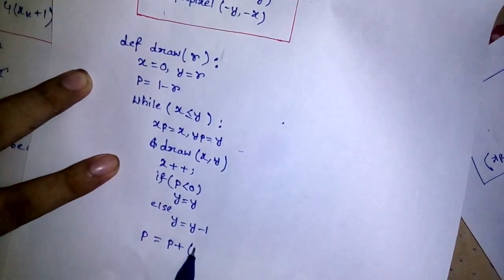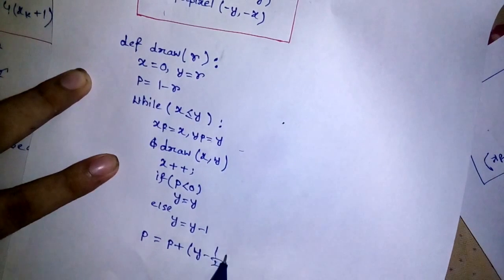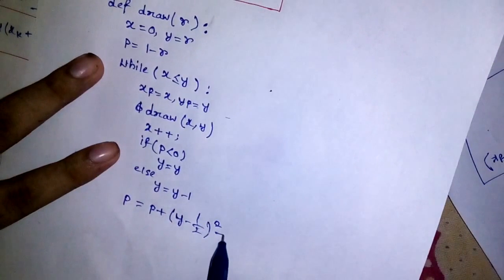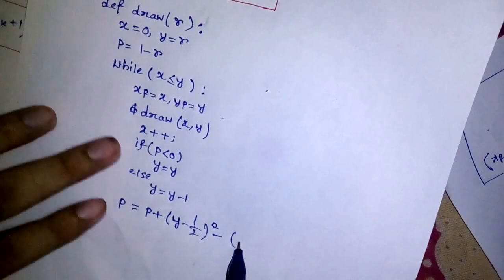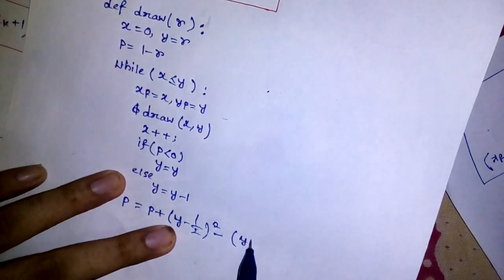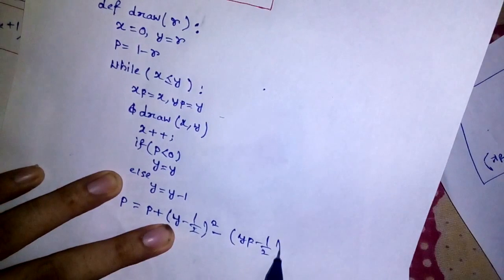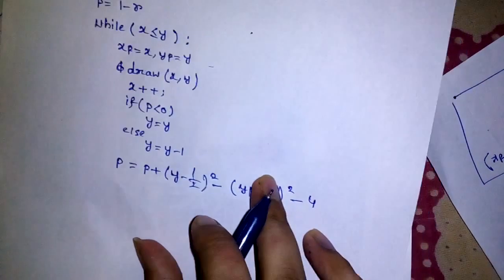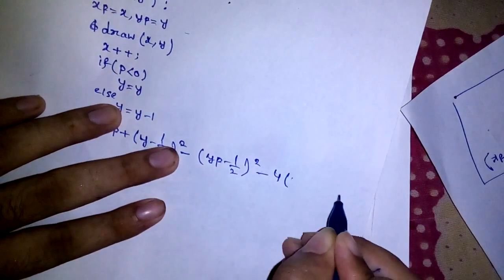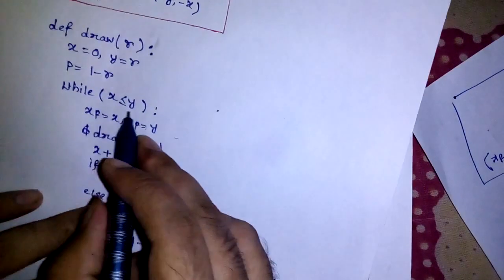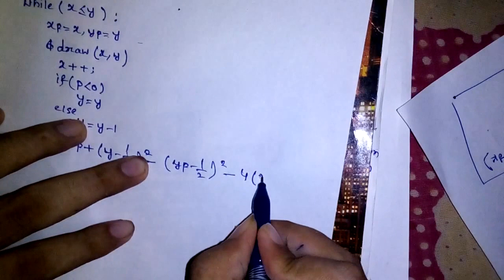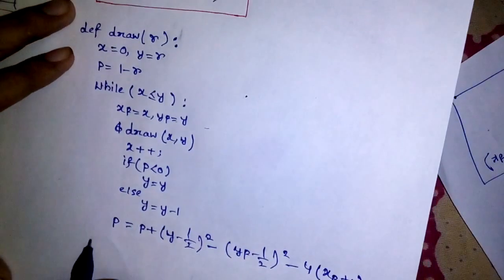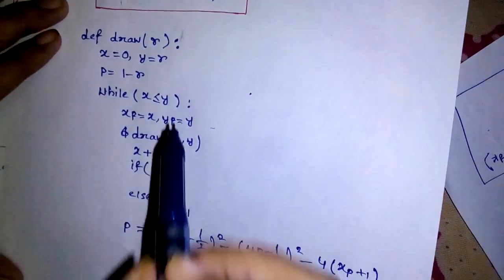Yk plus 1 is y here, and this will be minus half squared. And minus yk, that is the previous coordinate, which is nothing but yp minus 1 by 2 squared. And then plus 4 xk plus 1, so 4 times x previous plus 1. x previous was xp, so xp plus 1. So we are done. This is the algorithm.